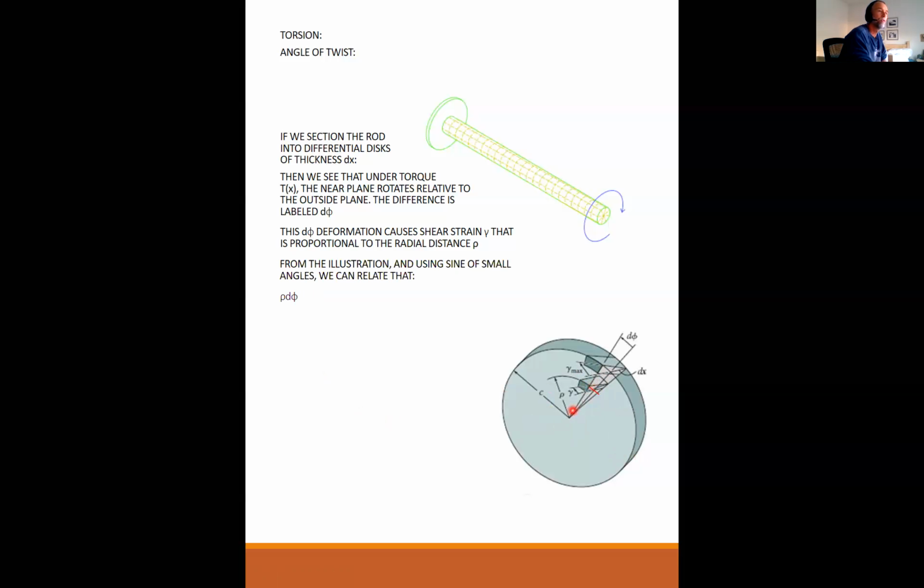So small angle tells us that the red line that I drew in there is that length, rho d theta. It would actually be rho times sine d theta, but the sine of a small angle is equal to the angle. So rho d theta is equal to dx gamma. Here dx is the thickness of this little slice, and gamma is this angle here.